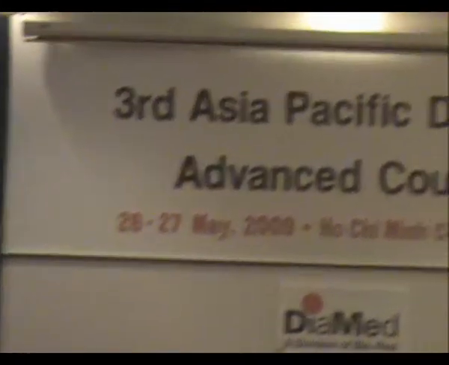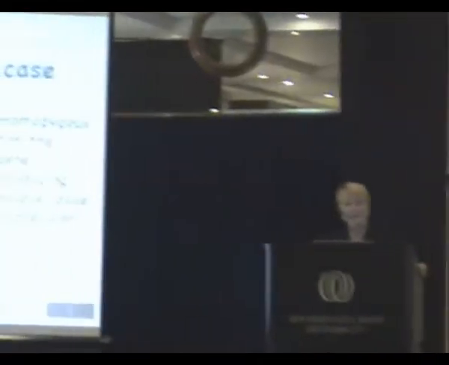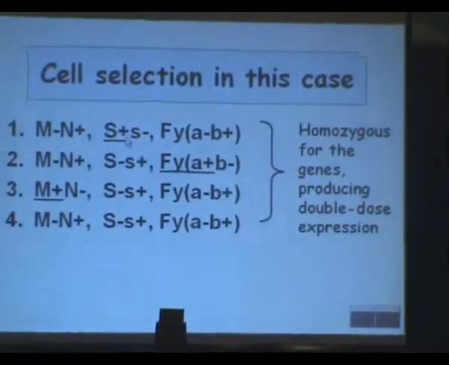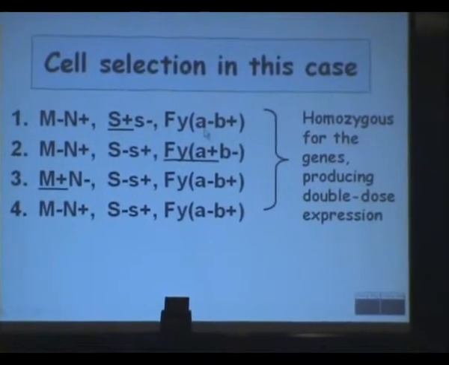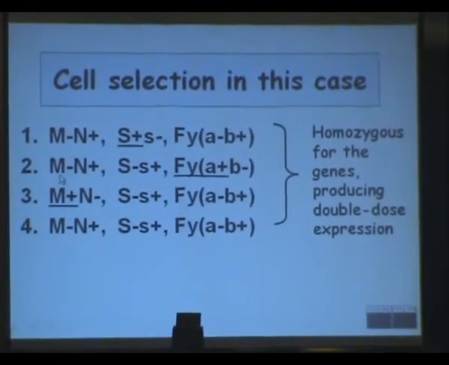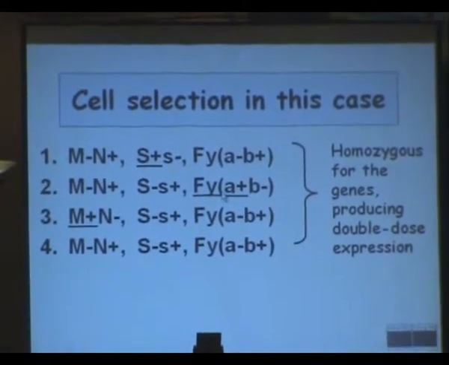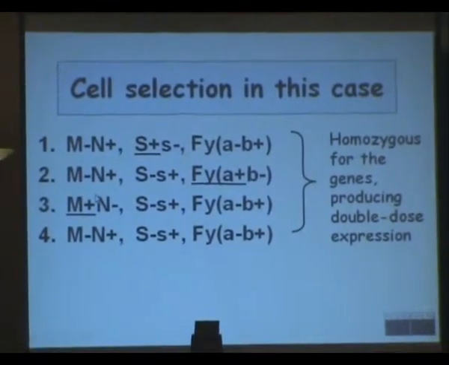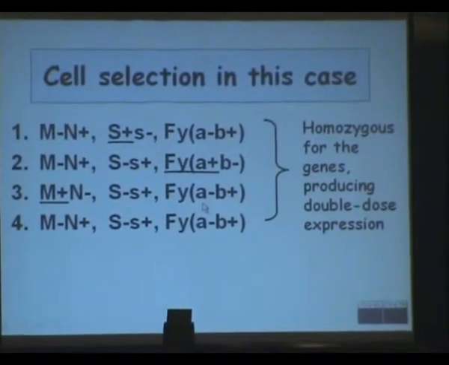So in this particular case, we would need to select cells that are M negative, S positive, but Fya negative, so that we can see whether there is the possibility of an anti-S there. We would select cells M negative, S negative, but Fya positive, and similarly cells that are M positive, but S and Fya negative.